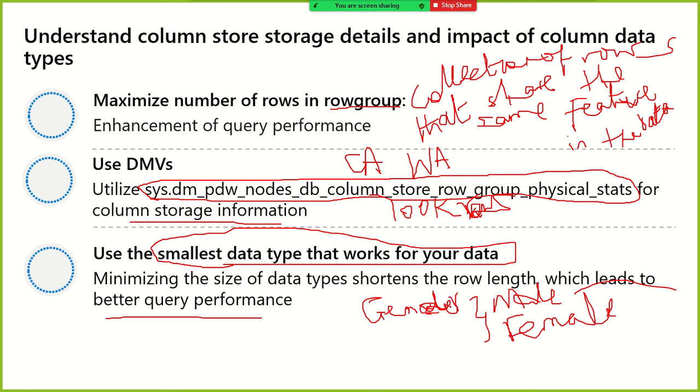So if you declare a data type like varchar, variable character, and you use, let's say, 255, you are only expecting male and female.